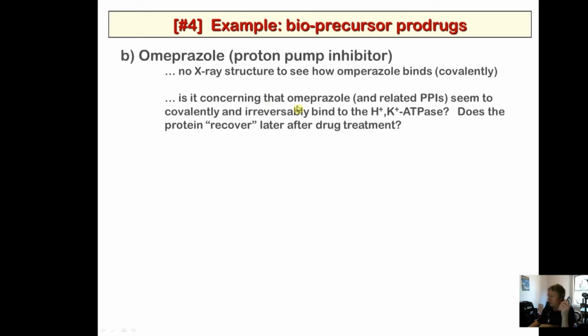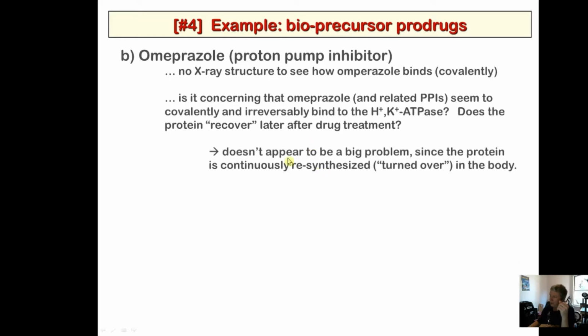It is maybe concerning that omeprazole and the related proton pump inhibitors seem to covalently and irreversibly bind to this protein. Does the protein recover? And like we said, yes, it does seem to. You can imagine it just being resynthesized, and your body's constantly making proteins. It does not appear to be a big problem since the protein is continuously resynthesized or turned over.